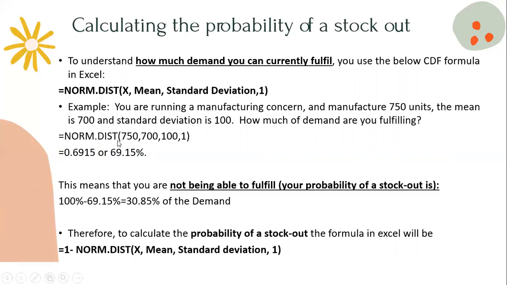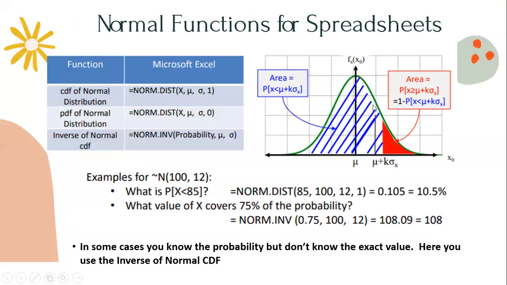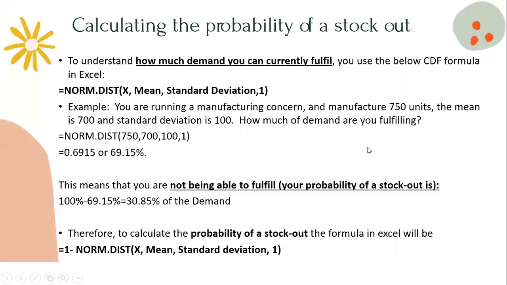By producing 750, you are fulfilling 69.15% of the demand. Okay, so you've basically calculated this blue value, all this blue value. That's how much you are fulfilling.